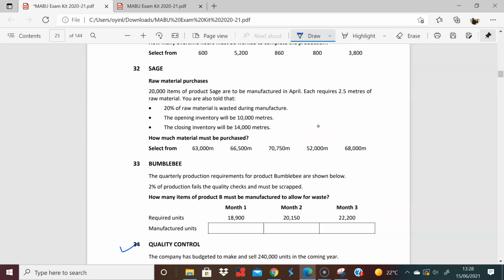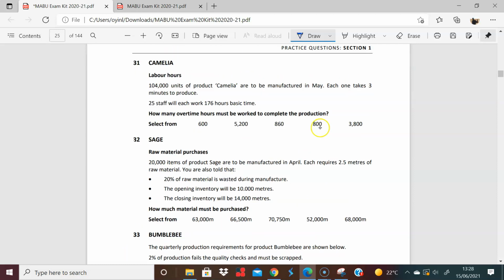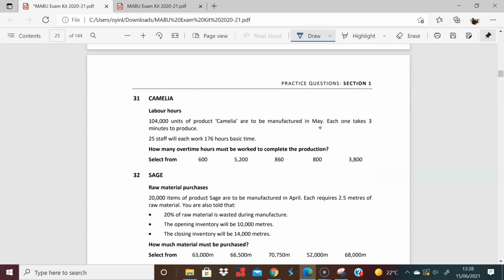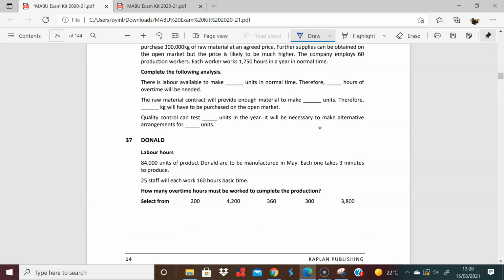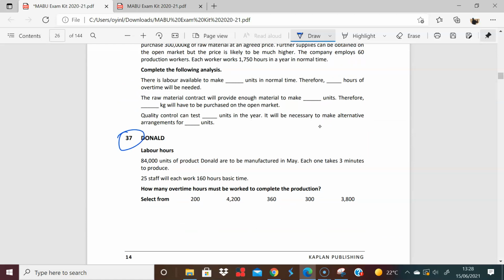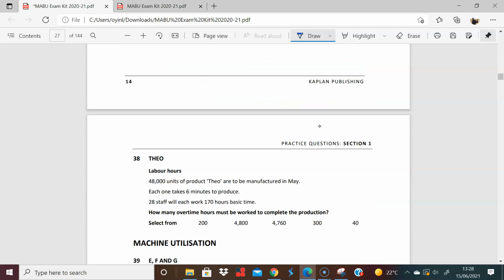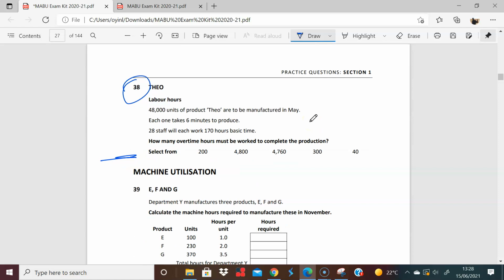There was a labor question here on labor hours, 31, 25 staff. This one, 20, mirrors question 37, so you can use that to study up, and that mirrors 38. So technically we have covered all the areas up till question 38. Okay, great stuff.